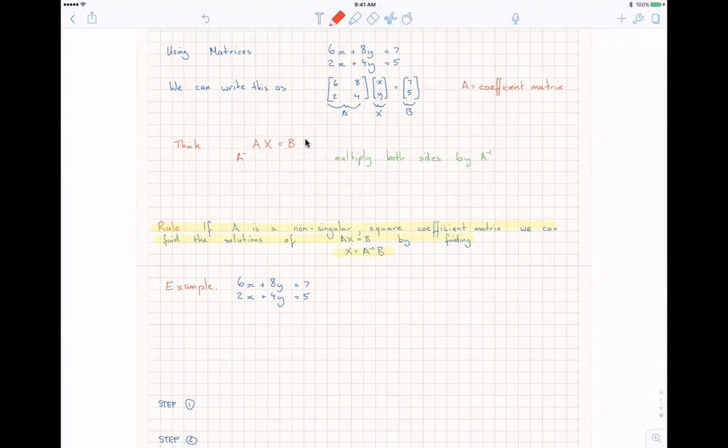So we multiply this side by A inverse, and being consistent, multiplying this side by A inverse. Notice that I have put A inverse out the front on the left-hand side, and I've put A inverse out the front on the right-hand side as well, because the order of multiplication with matrices is, of course, important.